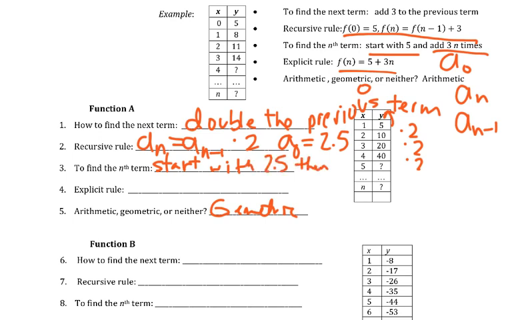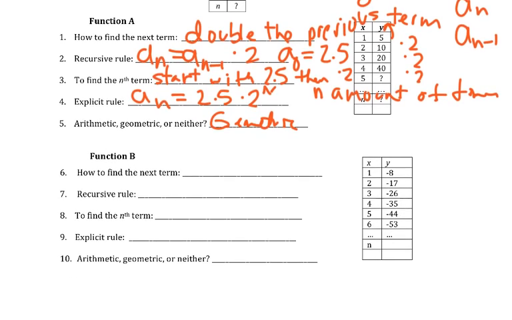Then we're going to double, or times by 2, n amount of times. When we write that as an explicit, a sub n equals 2.5 times 2 to the nth. And it is geometric, so that's all we've got to worry about here.